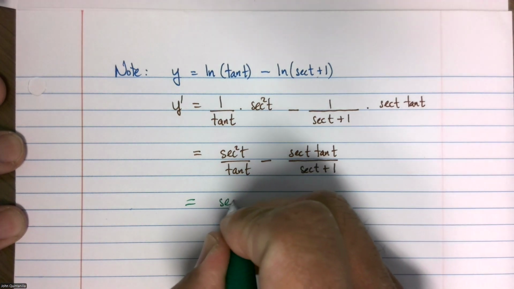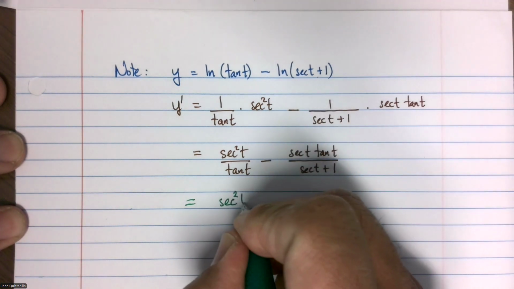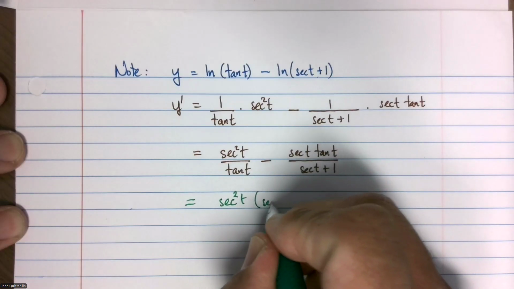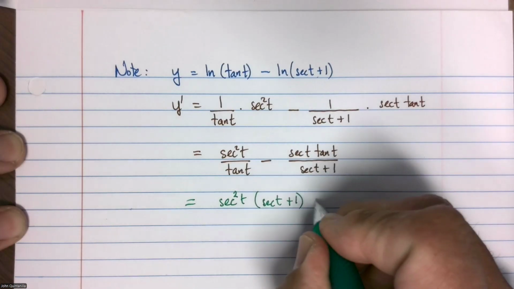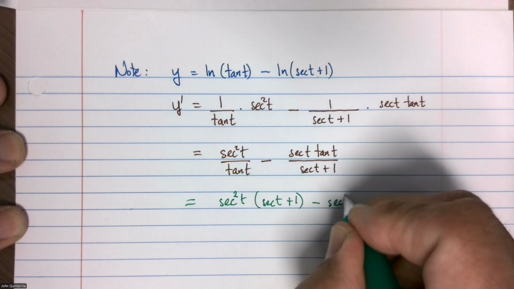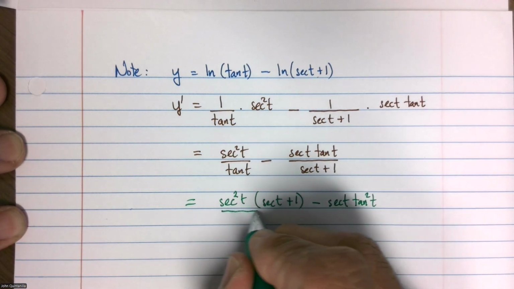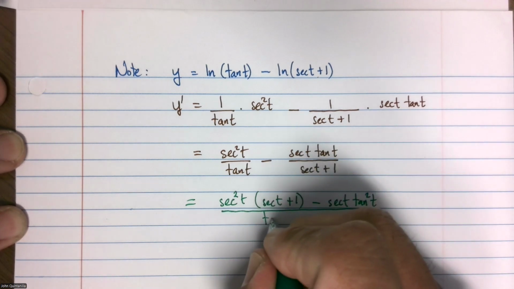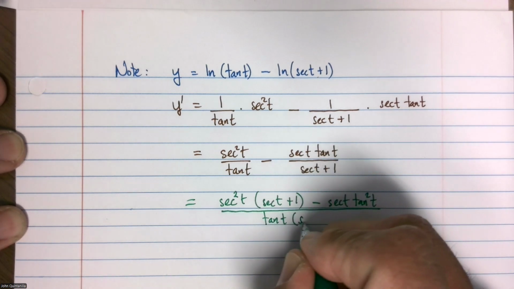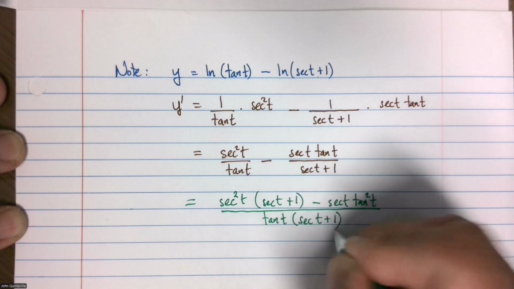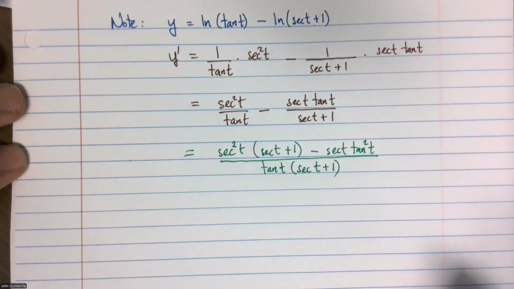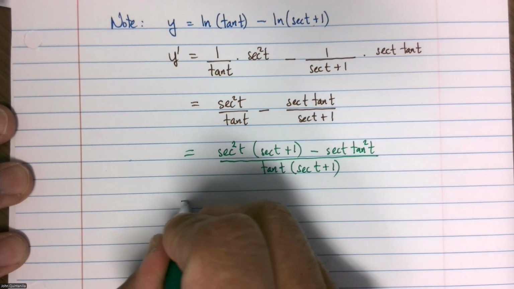So let's get a common denominator, secant squared of t times secant of t plus 1 minus secant of t times tangent squared of t all over tangent of t times secant of t plus 1. Okay, so that's just combining the two fractions.